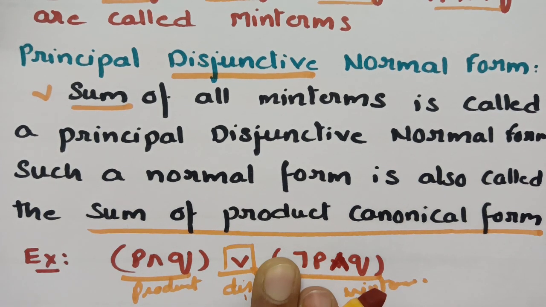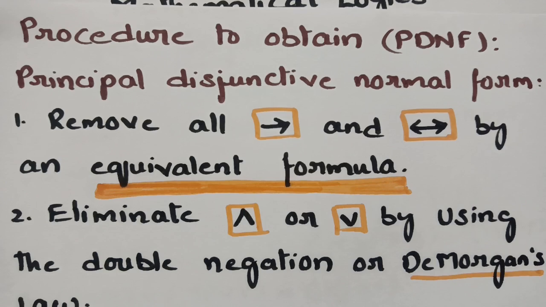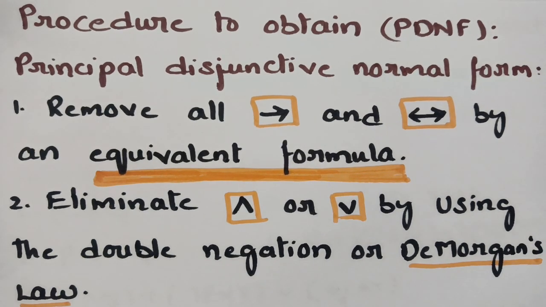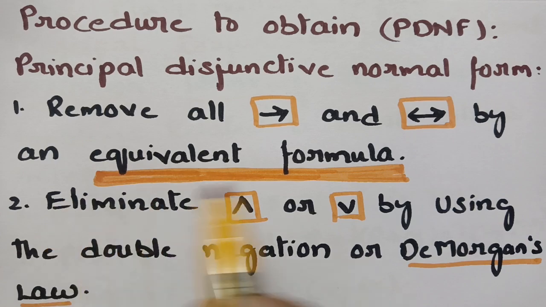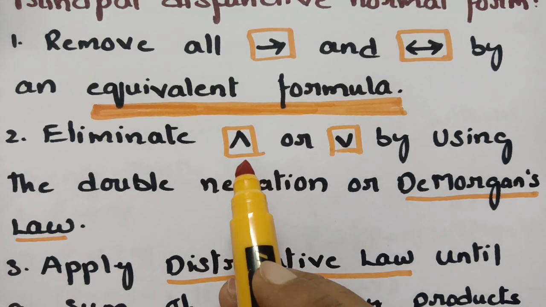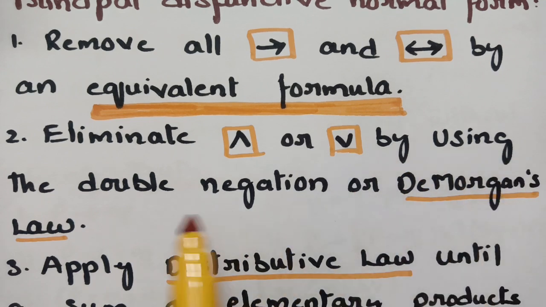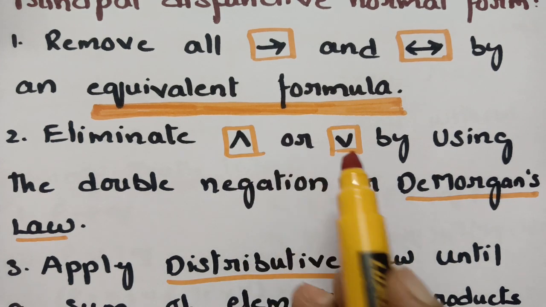So what is the working rule to solve this? The procedure to obtain the PDNF, the principal disjunctive normal form: first of all, in the problem, we have to remove all the implications and double implications using the equivalent formulas. Next, we have to eliminate conjunction and disjunction negations using double negation and De Morgan's laws. As we have so many equivalent formulas, we have to apply them to remove these.